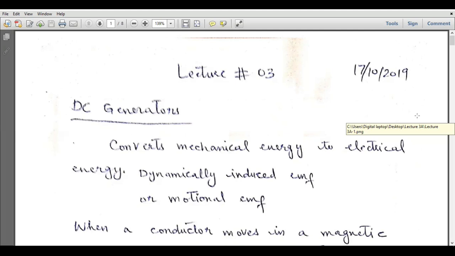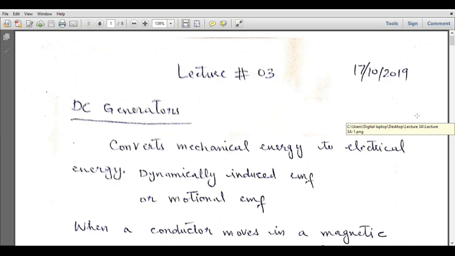For Faraday's law of electromagnetic induction, there must be a time varying flux. In transformers, that time varying flux is produced due to the sinusoidal supply connected at the primary winding. But in DC generators, the flux is constant, but the coil has to be moved or rotated continuously in either clockwise or anti-clockwise direction.